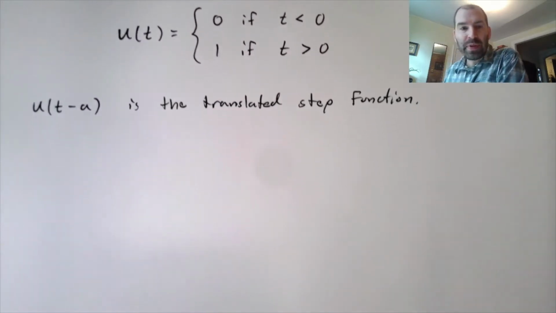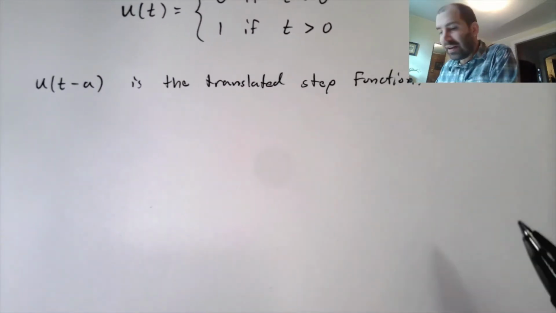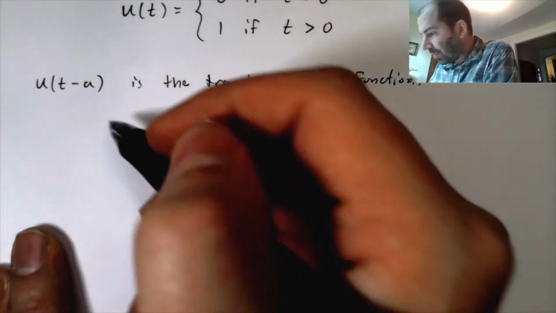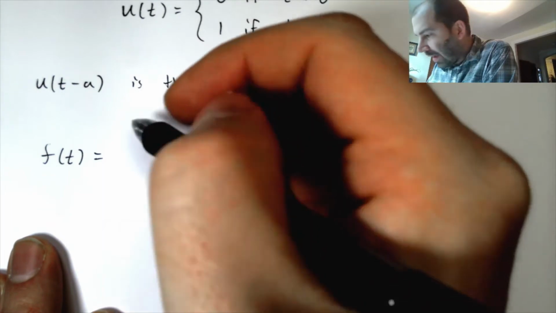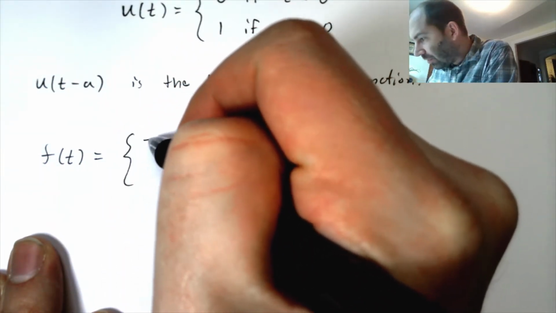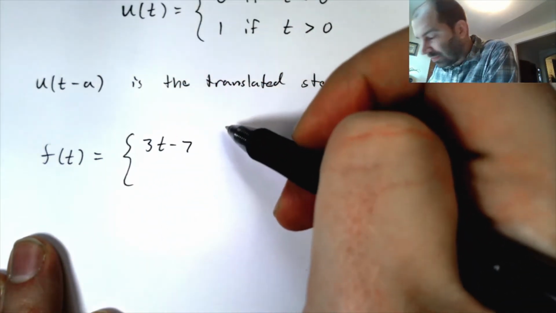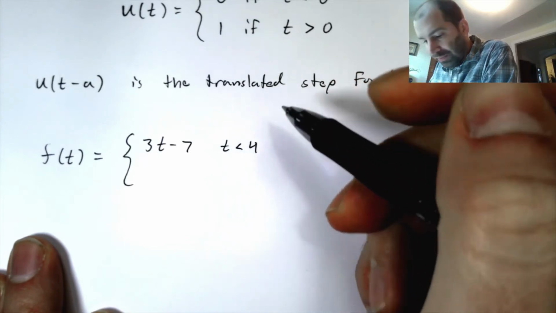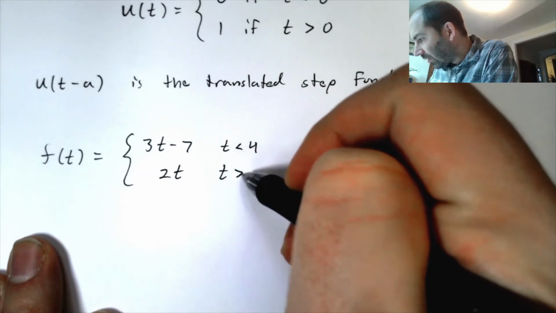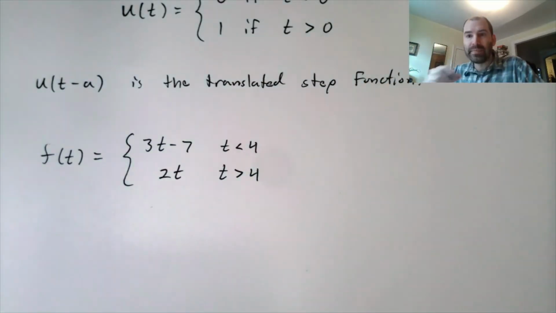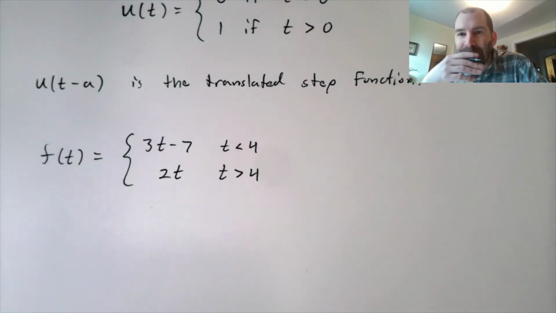So a lot of times you'll see a piecewise defined function, something like this, say. Suppose I have a function f of t, and it's equal to 3t minus 7 when t is less than 4, and it's equal to 2t when t is greater than 4. And so it's two different pieces.